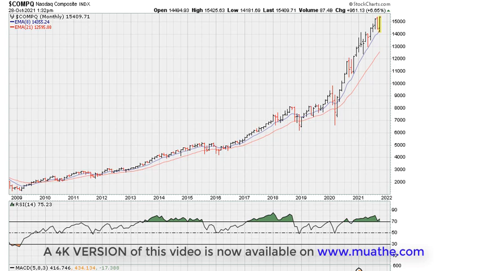Keep in mind, on the monthly, the Nasdaq is breaking out on the monthly chart also. And the price level for the Nasdaq to hold and sustain above from a monthly breakout perspective is 15,259.24.